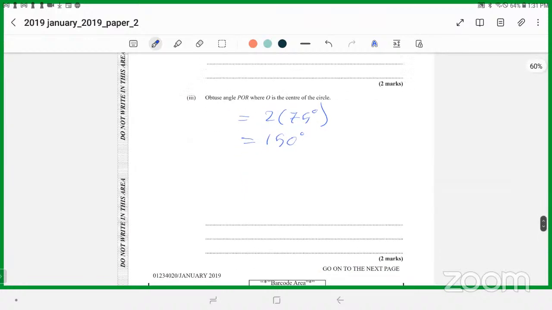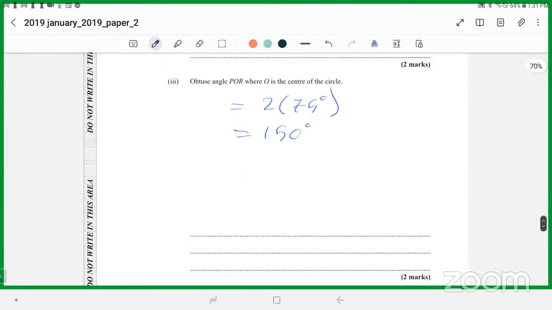Reason? Because it is the angle at the center that is subtended by a chord or by an arc that is subtending 75 at the circumference. So let's write that. Angle at center is twice angle at circumference.